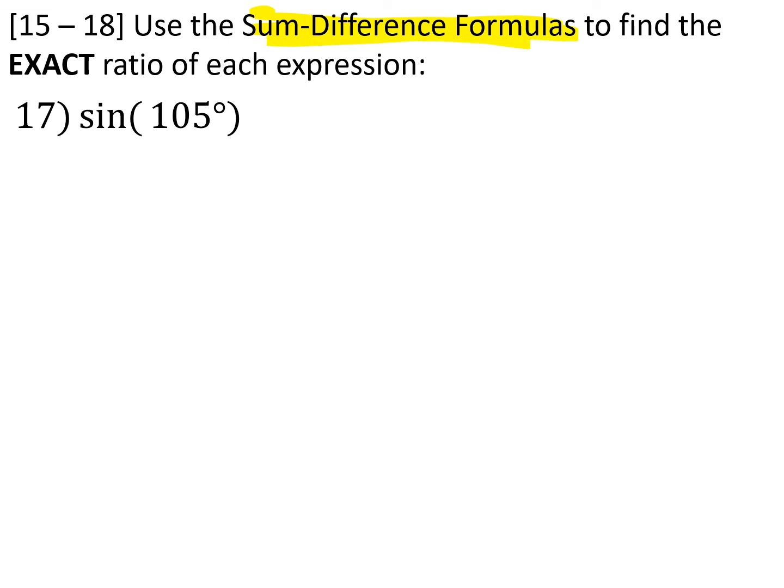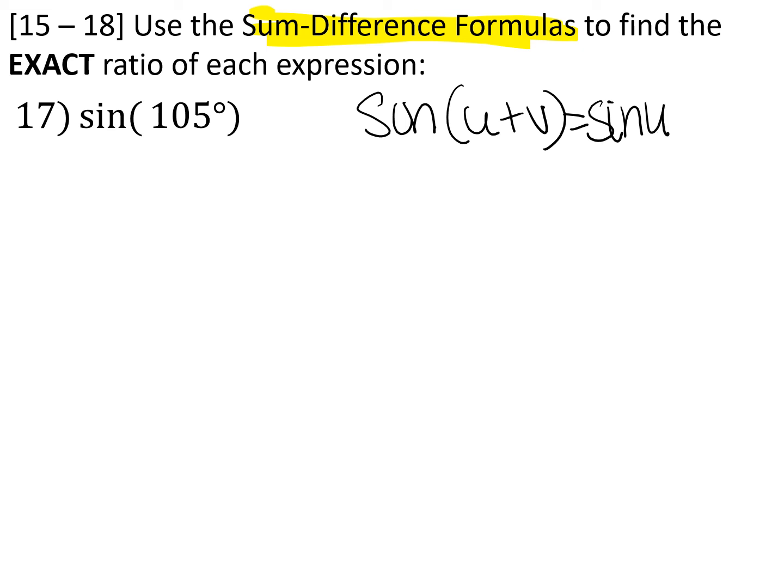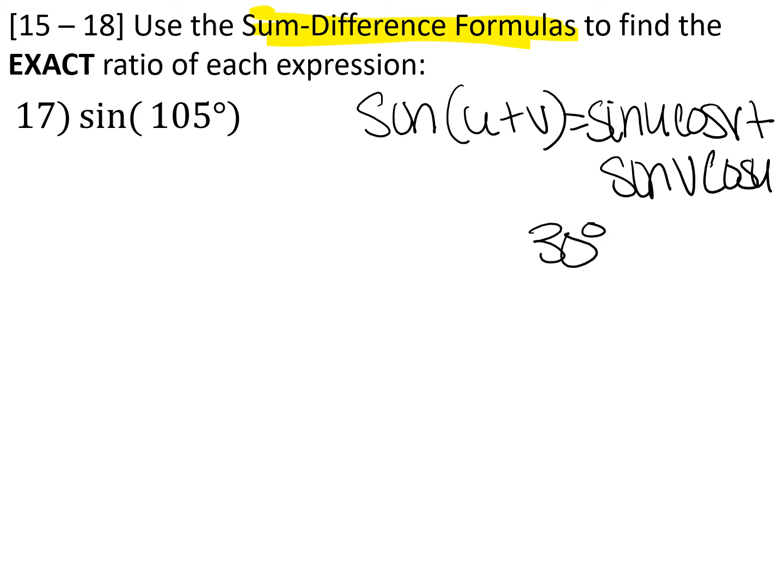The sum and difference formula for sine says sine of u plus v is equal to sine u cosine v plus sine v cosine u. So I just need to find two numbers, u and v, that add up to be 150. So here are the angles that we have to work with. In degrees, those would be 30, 45, 60, and 90.